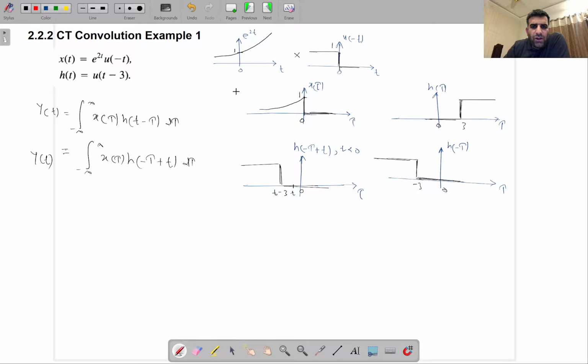The signal x of tau has values from minus infinity to 0, whereas h of minus tau plus t for t less than 0 also has values from minus infinity to t minus 3.